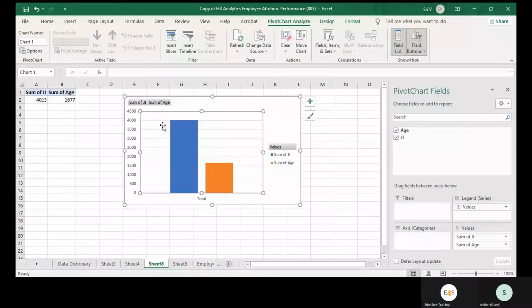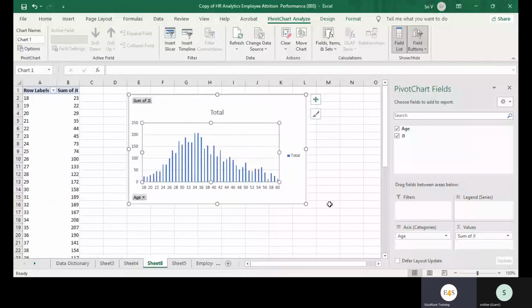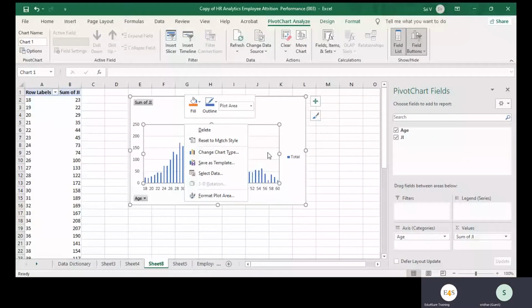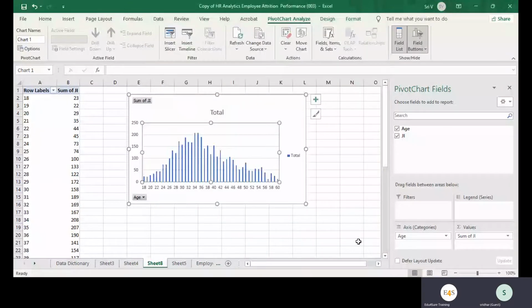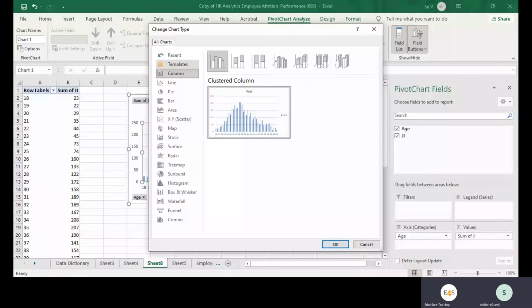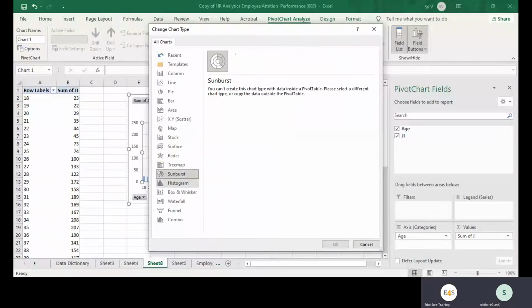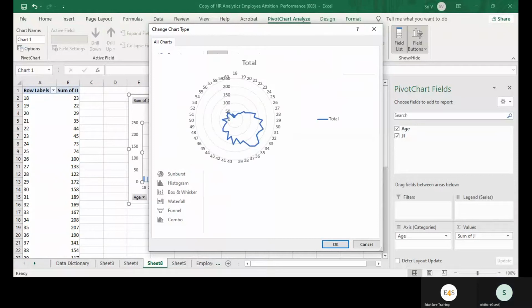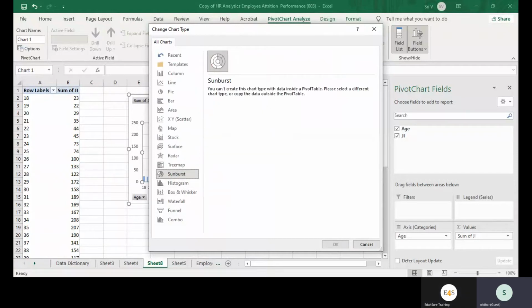Tree map. Tree map will come. Change the chart type. I'm just changing the chart type many times. It's not coming. Tree map alone is not coming. After tree map, nothing is coming.